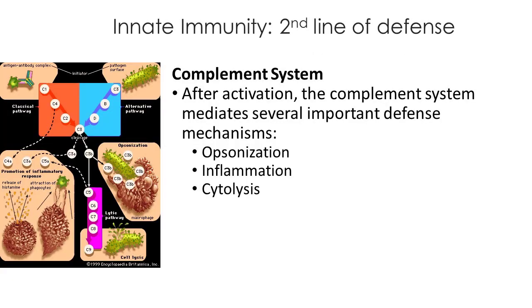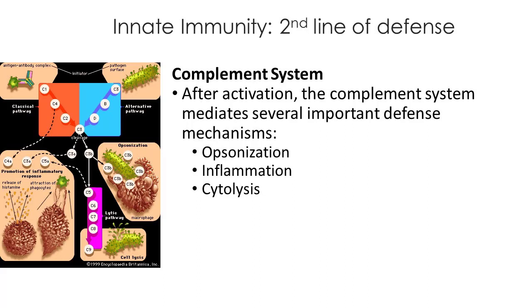Now, as long as we're talking about chemicals, this is a big group, and this is the last thing I want to cover today. When we look at this group of proteins, first of all, I want you to understand that these proteins are present in the plasma of your blood already. But these proteins, maybe 30 of them, are inactive. They have to be activated.